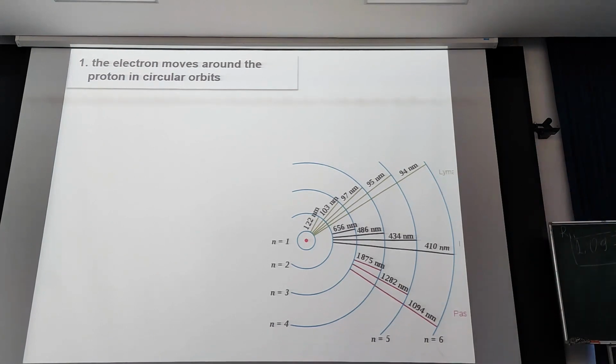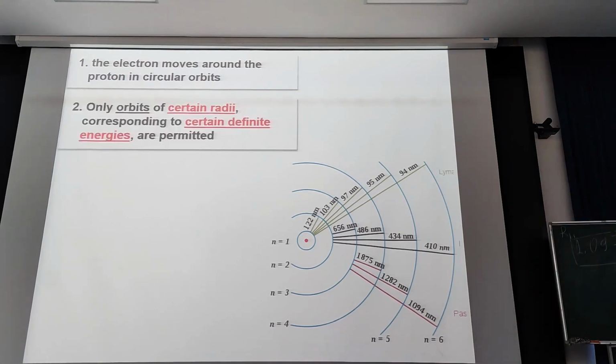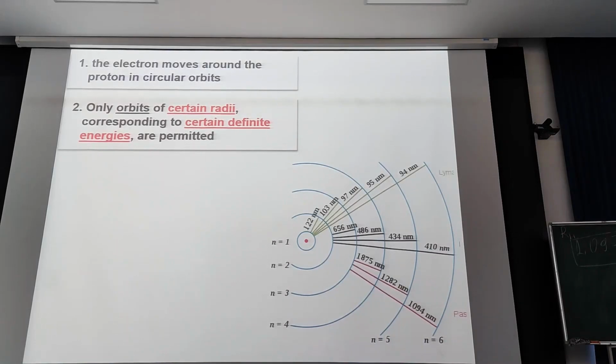Orbit, not orbital. Okay. Second, only orbits of certain radius, certain distance from the nucleus, corresponding to certain defined energy are allowed. That means, he said, you have nuclei, you have electron, circulating.